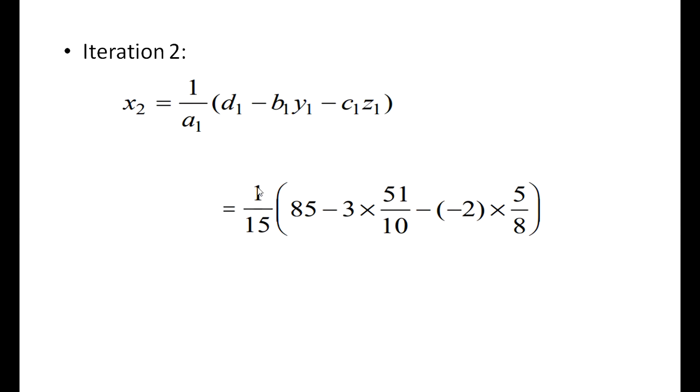We can get 1 upon 15 in bracket 85 minus 3 into 51 upon 10 minus 2 into 5 by 8. Here we have taken the respective values of y1 and z1 from the previous equation. So x2 is equal to 4.73. Now we will use the x2 value in the next iteration.